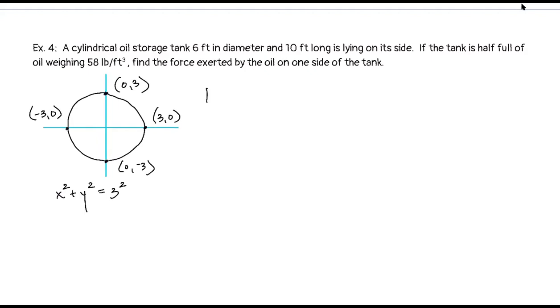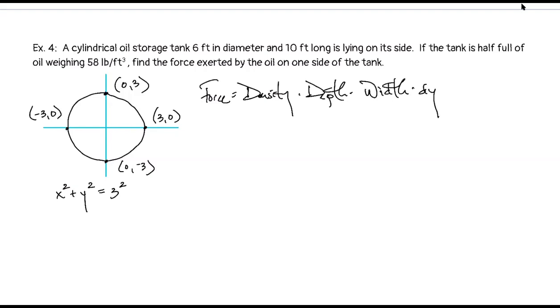All right, so we've got our setup. Force equals pressure times area, which we know ultimately is going to give us density times depth times the width times dy. So our density in this case, what is our density? 58.